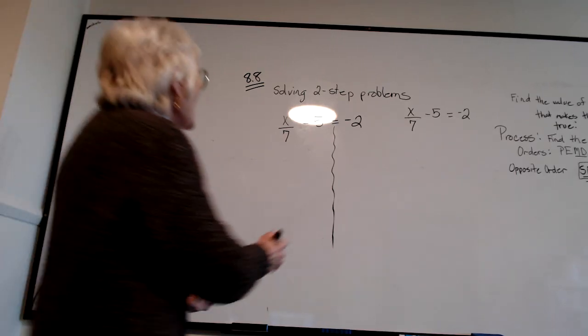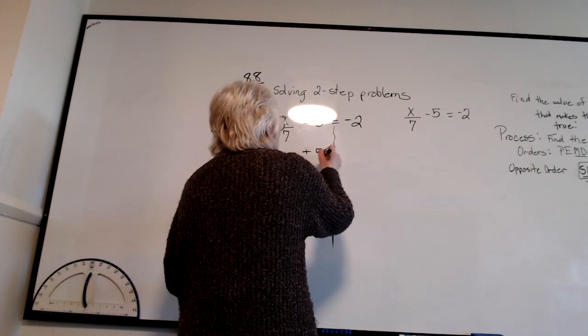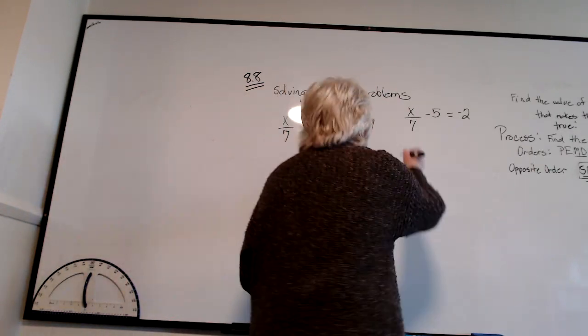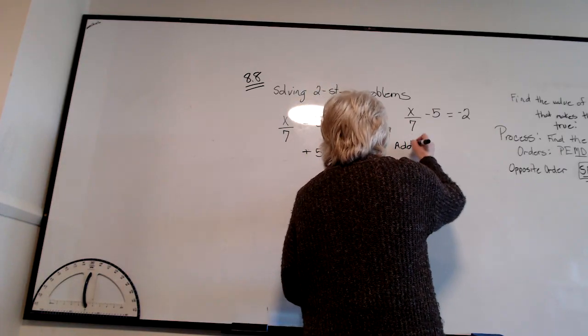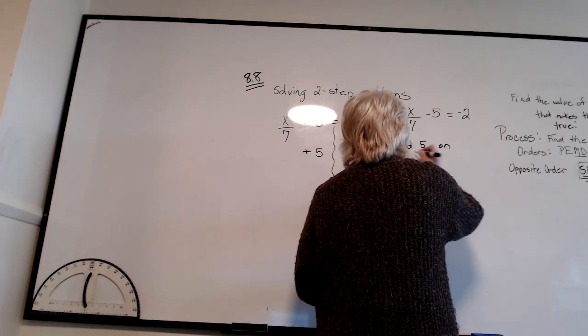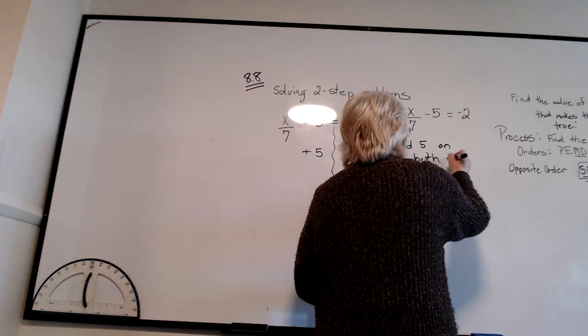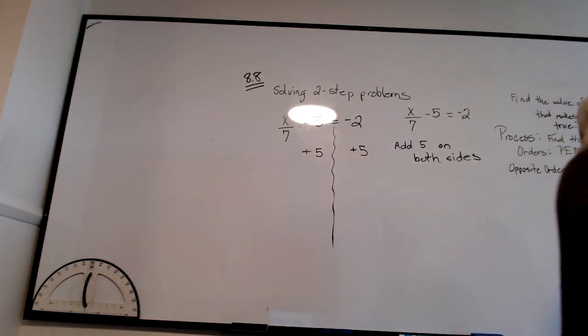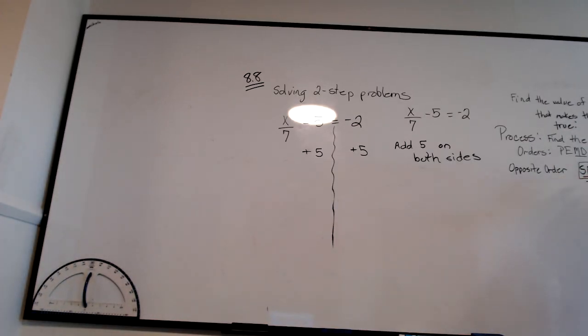So we are going to add 5 on both sides. Okay, that's our first step because we always undo the subtraction and addition first.